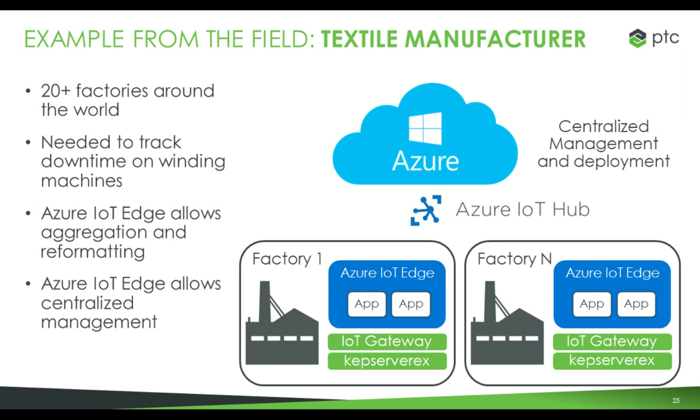But what they're trying to do, and looking at Azure IoT Edge to do, is track downtime on winding machines across multiple different factories. They already use Kepware, KepServerEX to connect to those machines. But instead of directly connecting to Azure IoT Hub in the cloud, they're working on deploying Azure IoT Edge to their sites. And there are several benefits to implementing the solution.